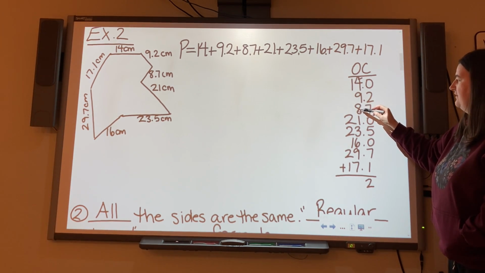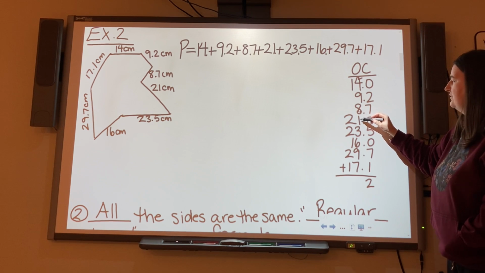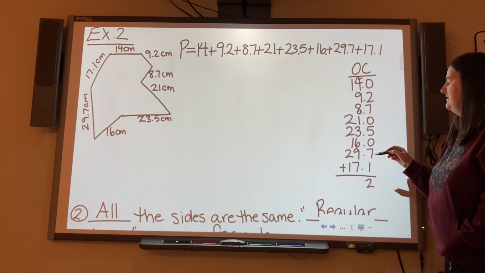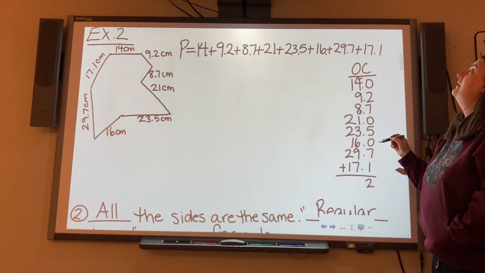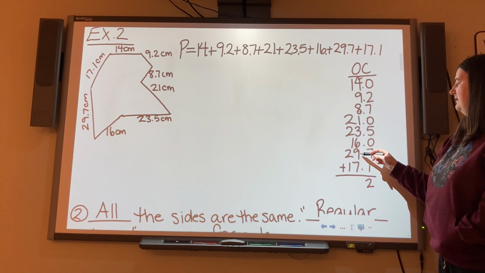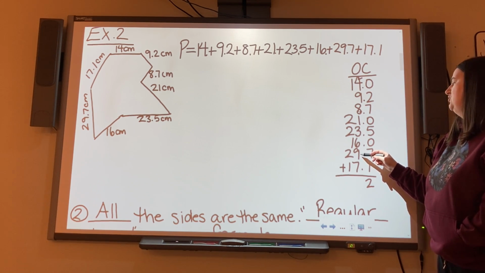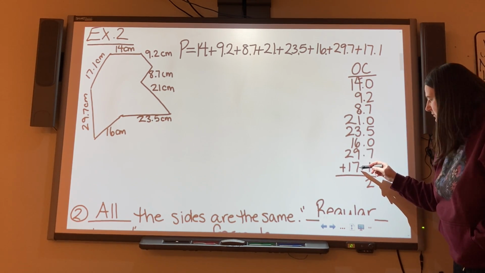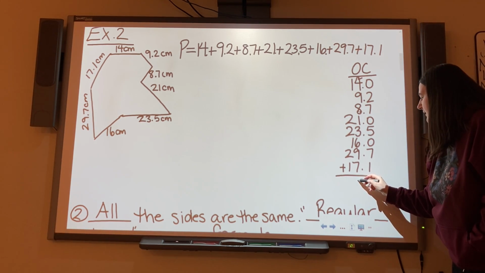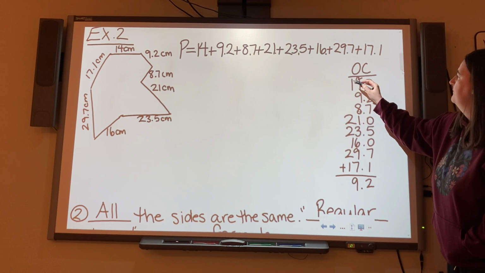And 23 plus 1 is 24, 24 plus 3 is 27, 27 plus 6 is 33, 33 plus 9 is 42, 42 plus 7 is 49. Carry your 4.